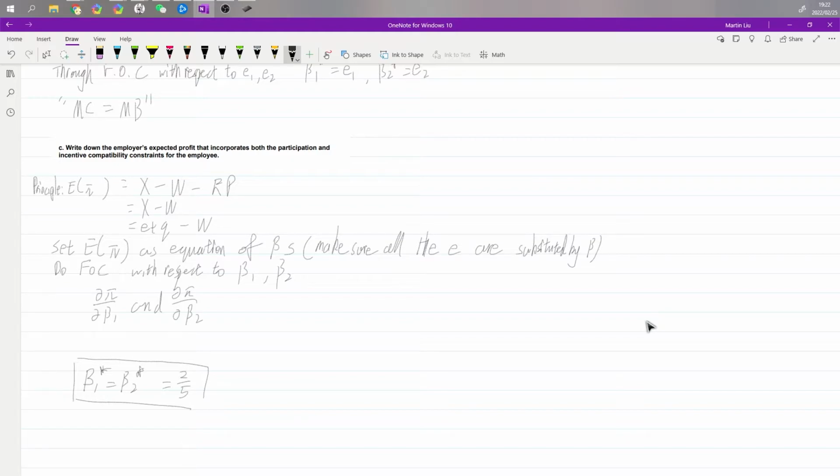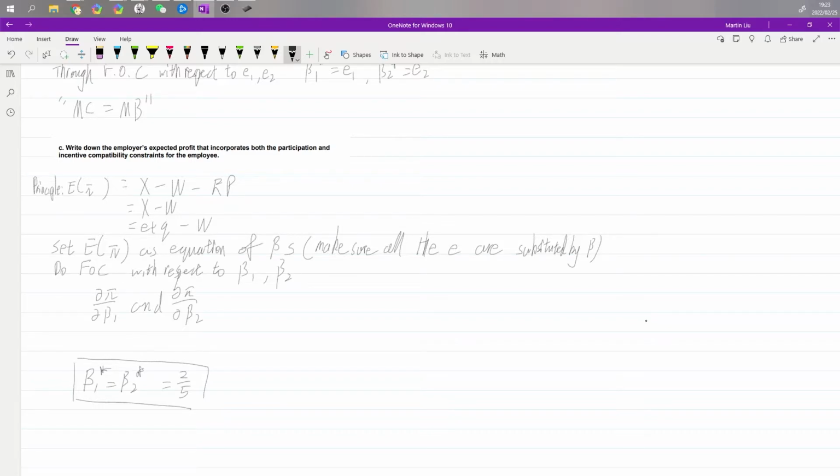This is also because the principal at this point knows how the agent would choose his efforts. The agent will only choose his efforts according to how much beta is given. That is, the agent will choose his effort such that the marginal cost of the agent, which is the effort, is equal to the marginal benefits of each type of effort, that is beta 1 and beta 2.